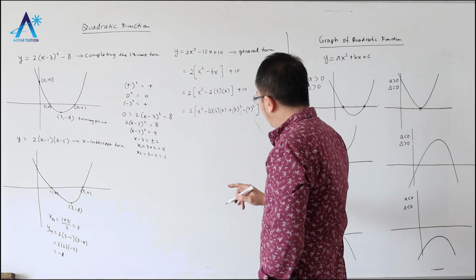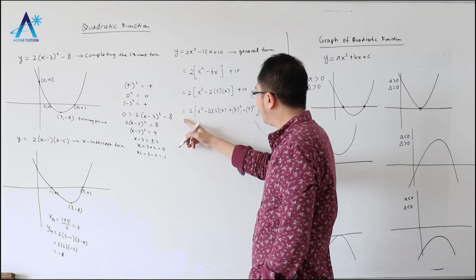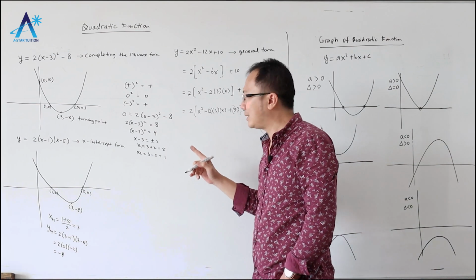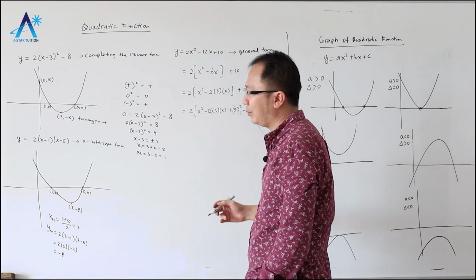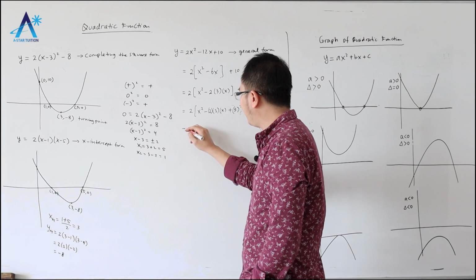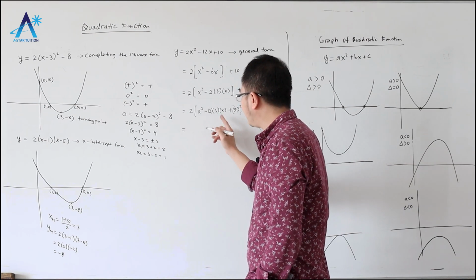If you are still confused up to this step, I would suggest you go back to the technique of completing the square at the beginning of the video for review purposes before coming back to this.